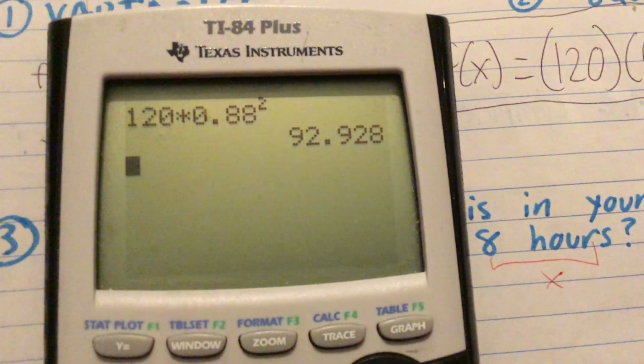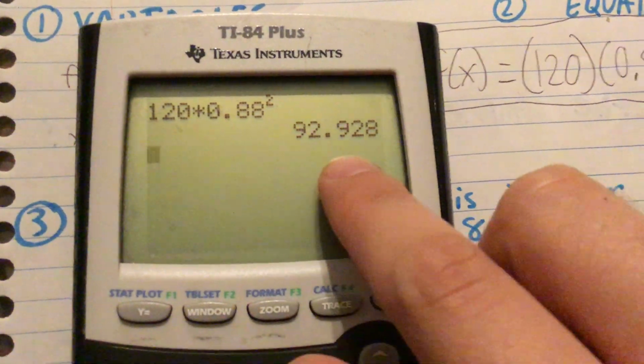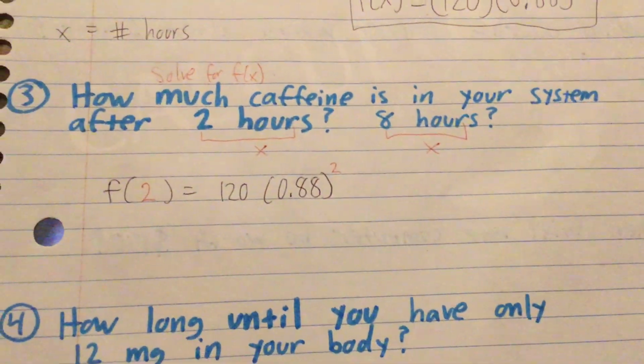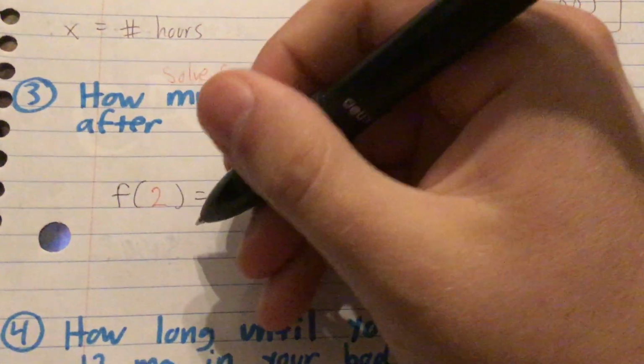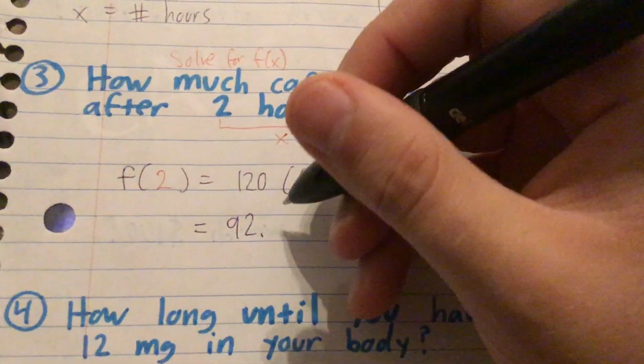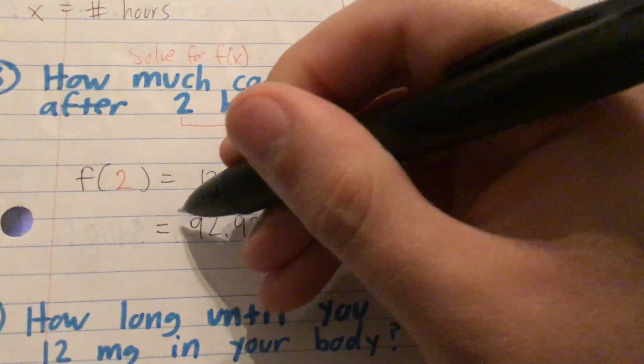I'm just going to round to the nearest thousandth. That's good enough. So after 2 hours have passed, there's only 92.928 milligrams left of caffeine. 92.928 milligrams remaining after 2 hours.